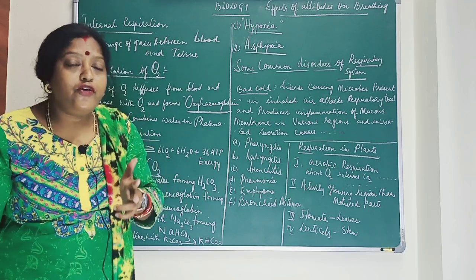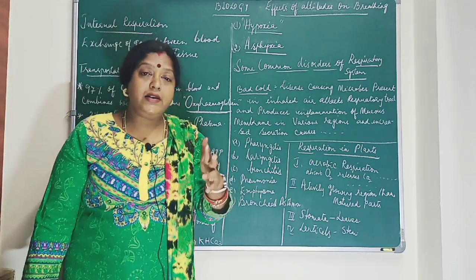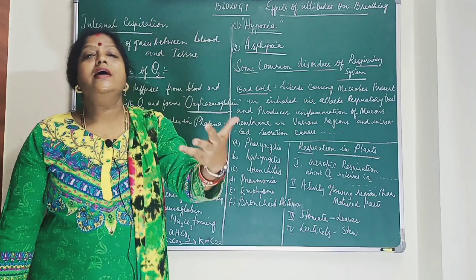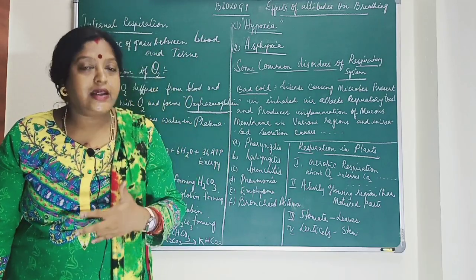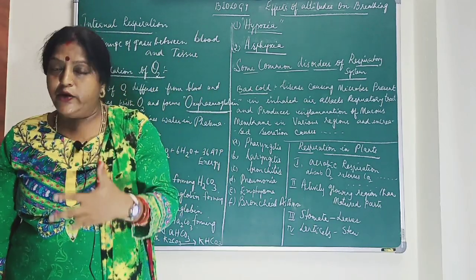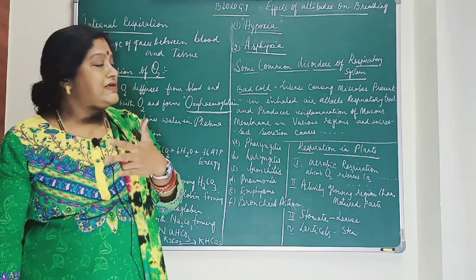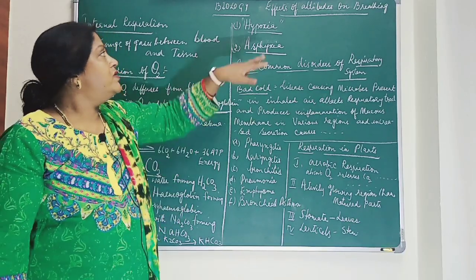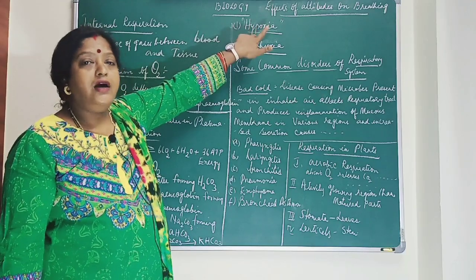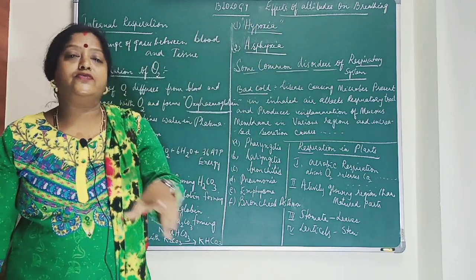Understood children? At 4,500 meters above the sea level, the atmospheric pressure is reduced and breathlessness happens. That is called hypoxia. What is hypoxia will be asked for 1 mark.